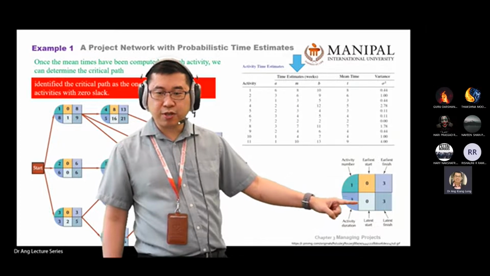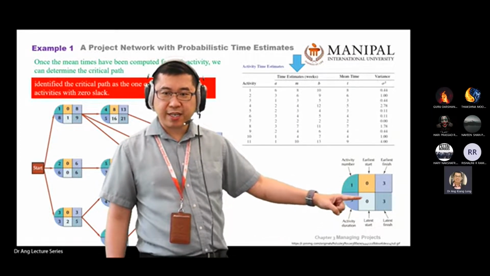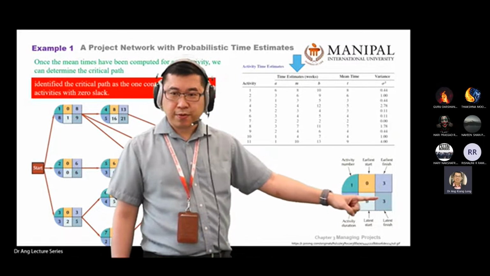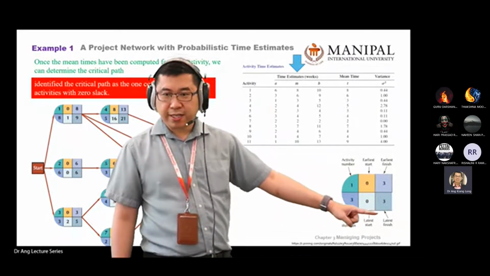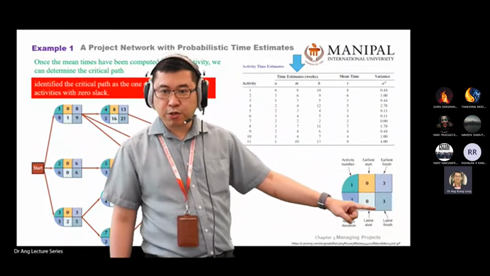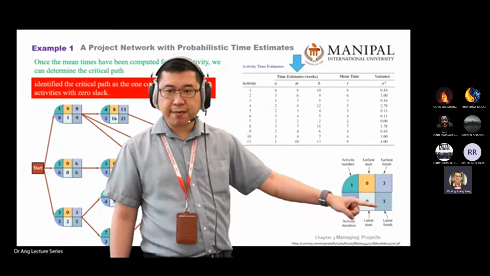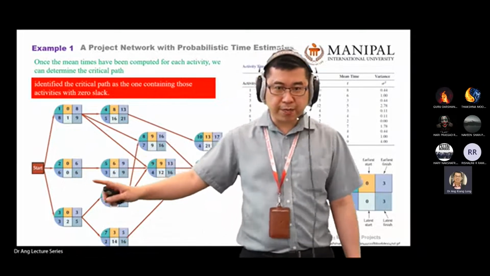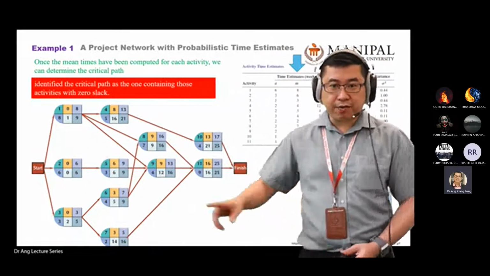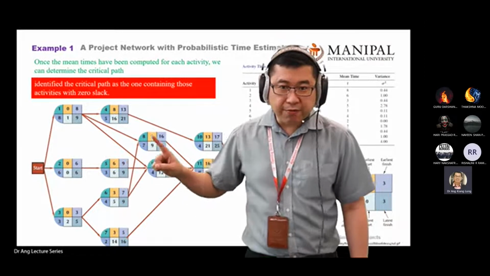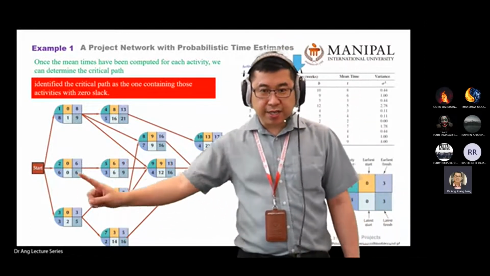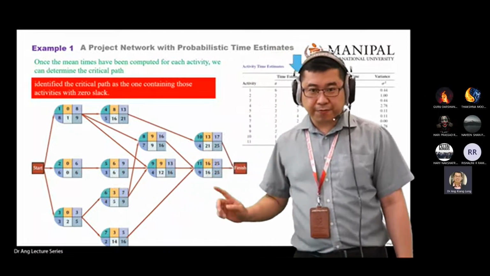So it cannot afford any delay, even the finish time also. The latest finish and the earliest finish are also the same, because if the numbers are the same, you cannot afford any delay. So that's why the activities you mentioned just now, 2, 5, 8, 11, are the critical path.